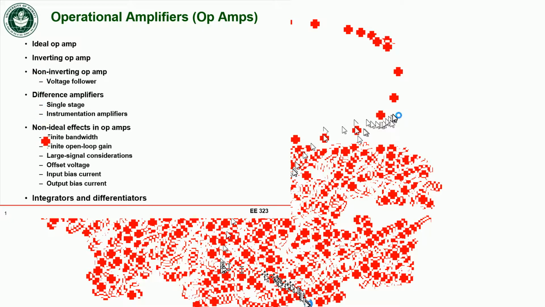Then we'll talk about difference amplifiers, both single stage and multi-stage, and we'll then talk about what happens in a real op-amp. So all of this is for ideal op-amps, and then we'll talk about some practical issues that occur when you use op-amps. And we need to know the imperfections in op-amps before we can look at the final configurations of op-amps that we'll cover, which are integrators and differentiators.